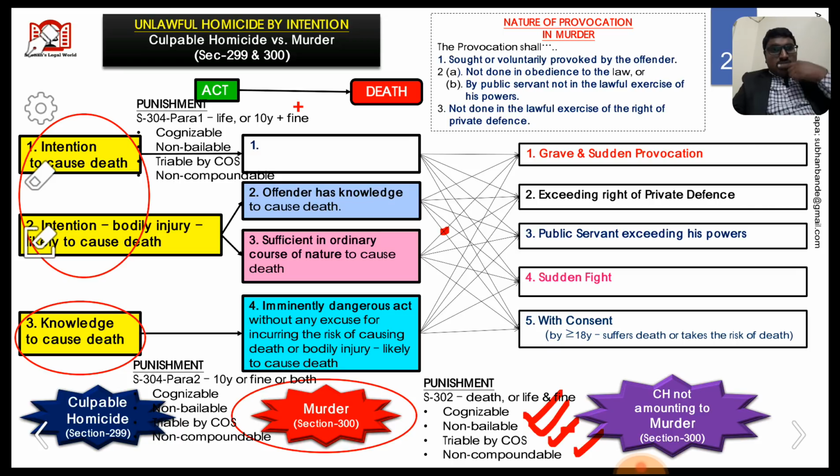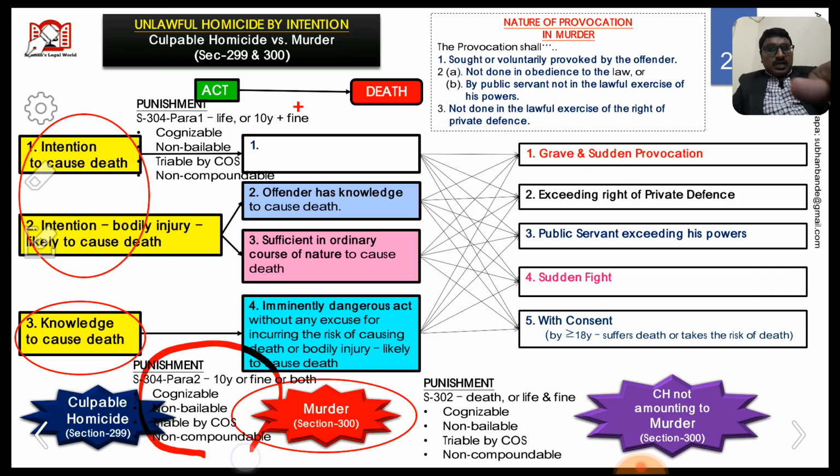Coming to culpable homicide, here this punishment is specified under paragraph 2 of section 304 if there is the third kind of mens rea under section 299.